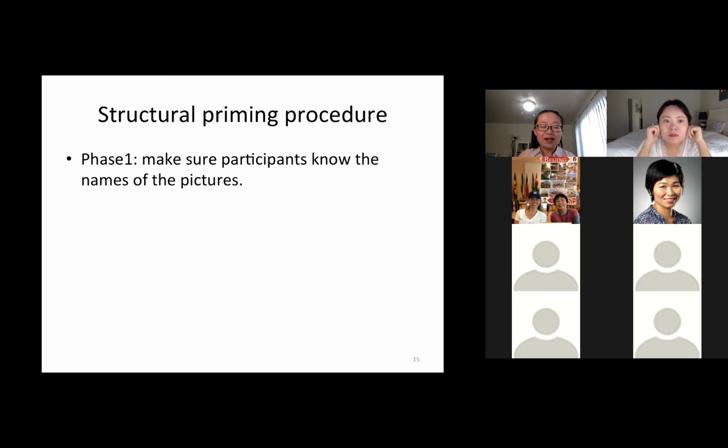Because we want to test implicit learning, we don't want the participants to know the goal of this experiment. So we describe this experiment as a memory task. It's not about language production.